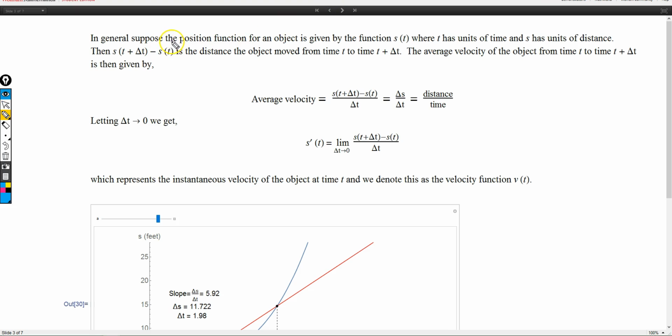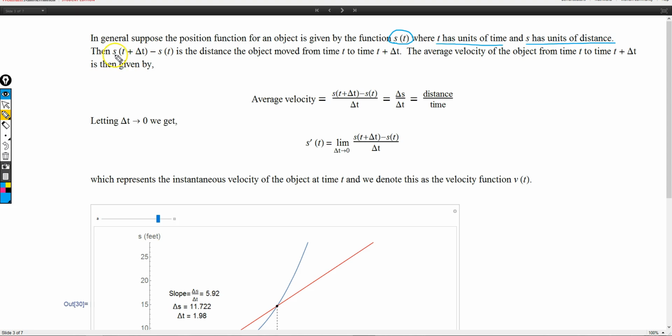Now, suppose that the position function for some object is given by s of t. So s of t represents the distance the object is from its starting location after time t. So t will have units of time, and s will have units of distance, like feet or meters or miles.